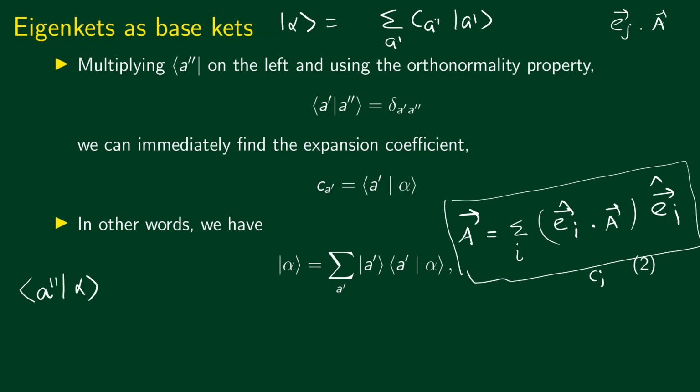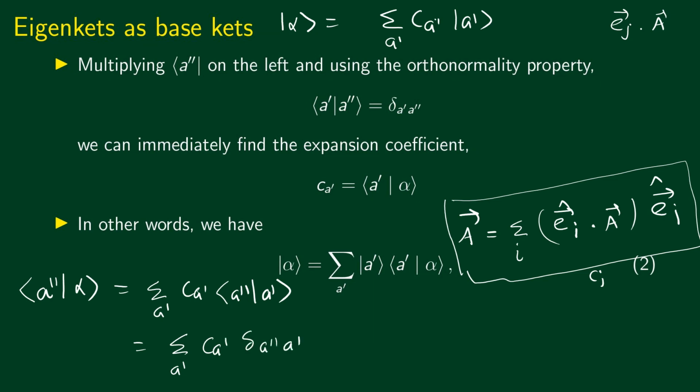So bracket a double prime alpha is equal to sum over a prime of C a prime bracket a double prime a prime, because these are numbers. So the bra just goes in, does not affect these numbers, and then it hits this ket. Now it forms a bracket. Now this is equal to sum over a prime of C a prime delta a double prime a prime.